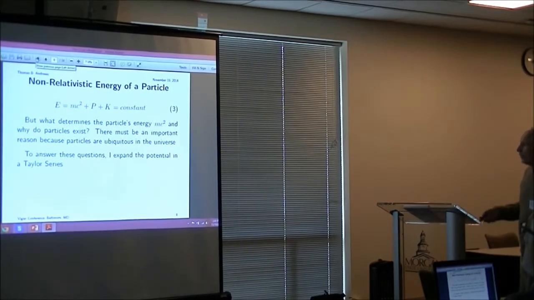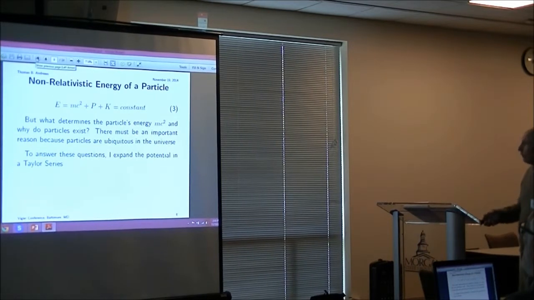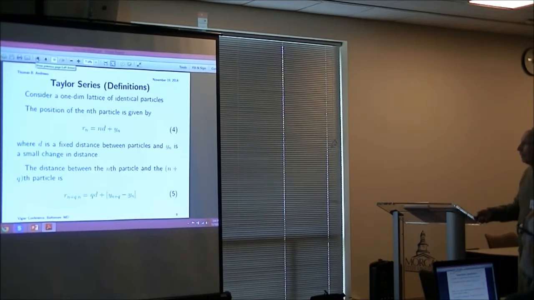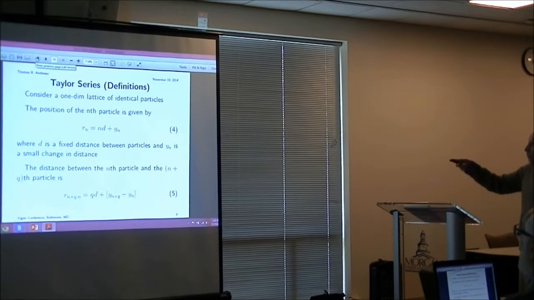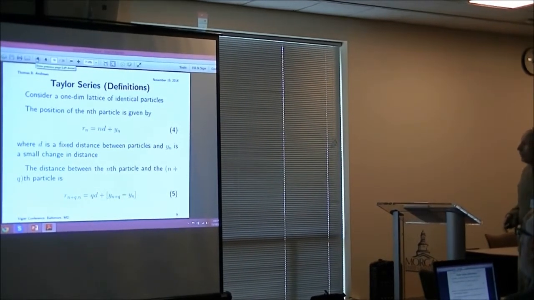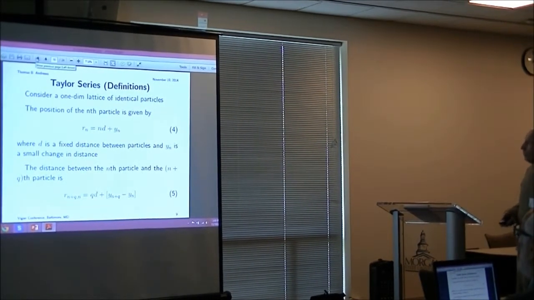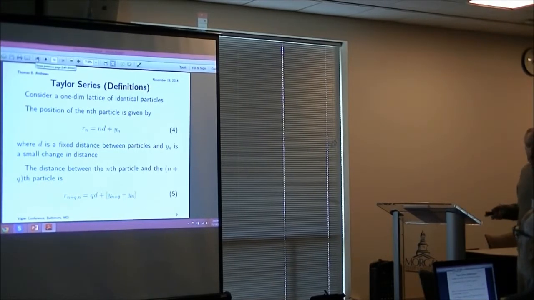Okay, to answer these questions, I expand the potential in a Taylor series. Now, a few definitions just to show some of the conventions I use. The position of the nth particle is nd plus yn. Yn is a small perturbation in the distance because I'm going to check the universe for small changes.